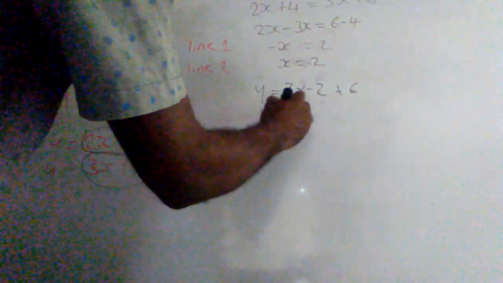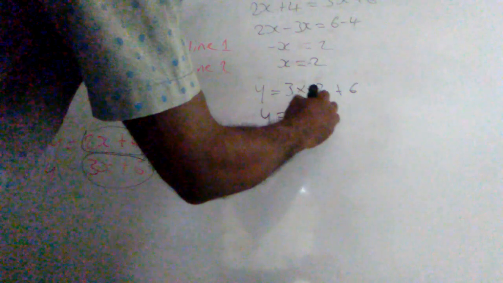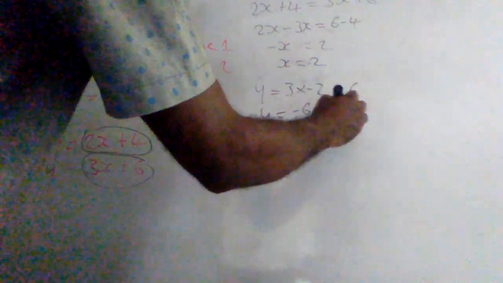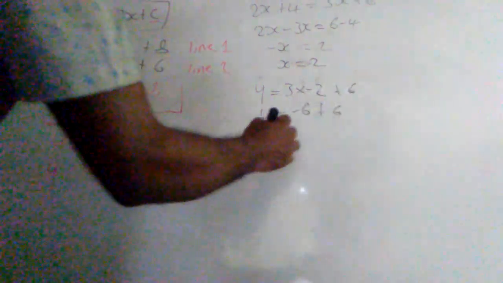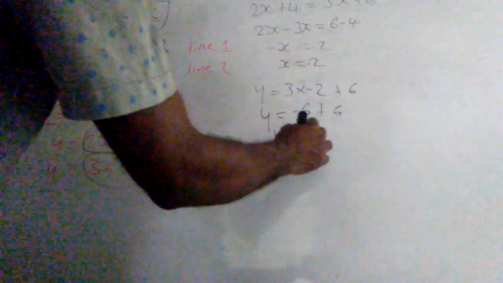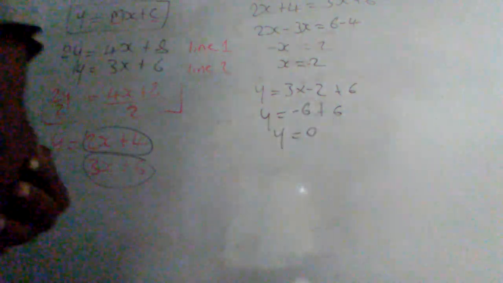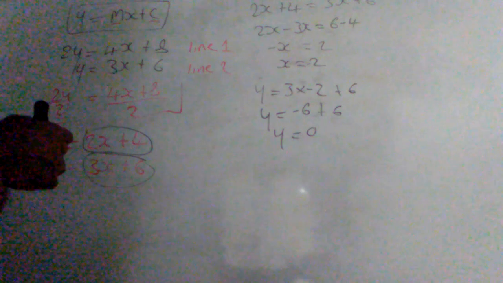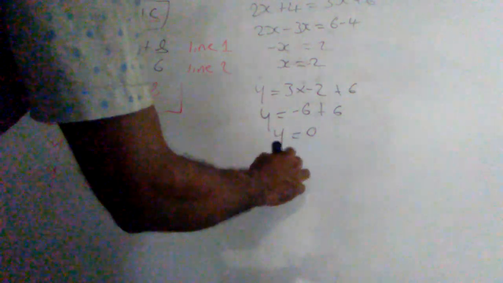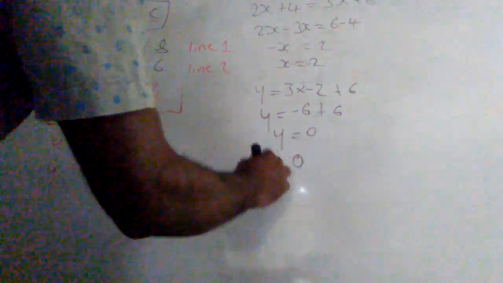So y will be equal to negative 6 plus 6. So y will be equal to 0. So the intersection of these two lines would be negative 2, 0.